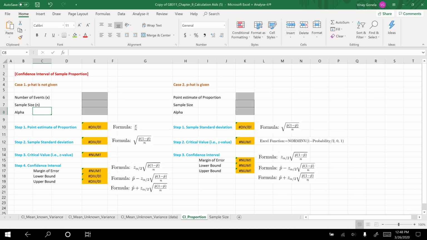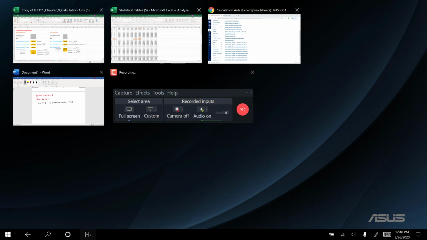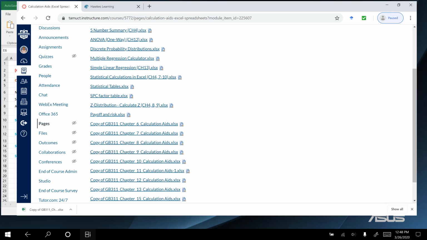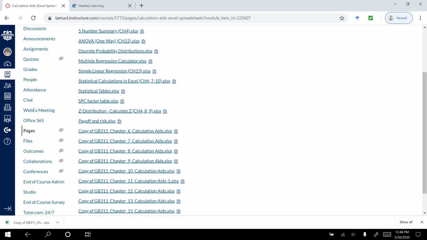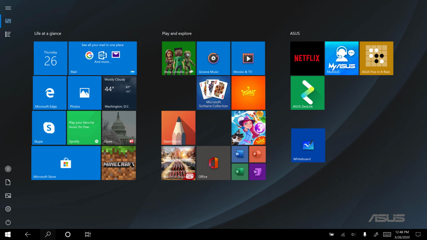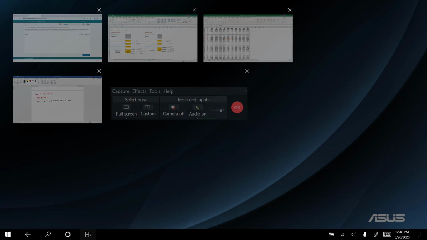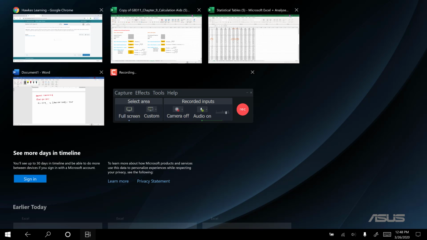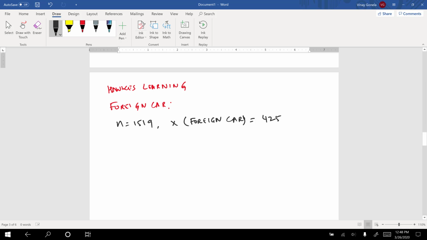So number of events, they gave us the number of events, so that is X, so 425 is the number of events.